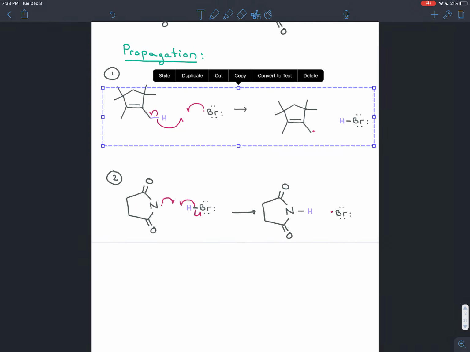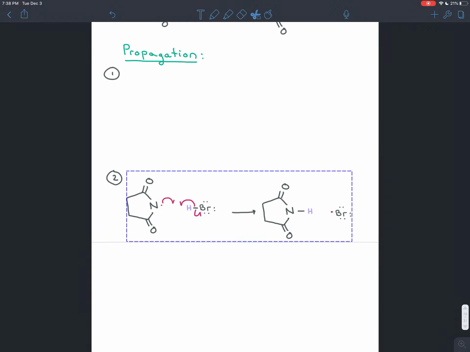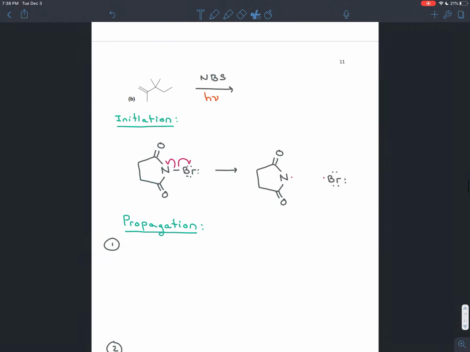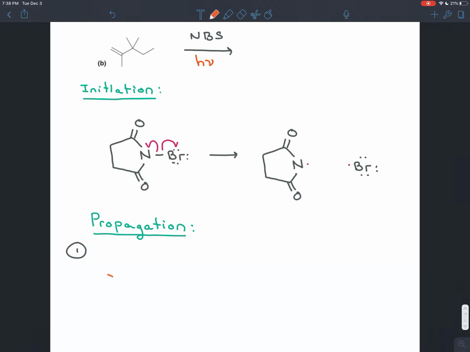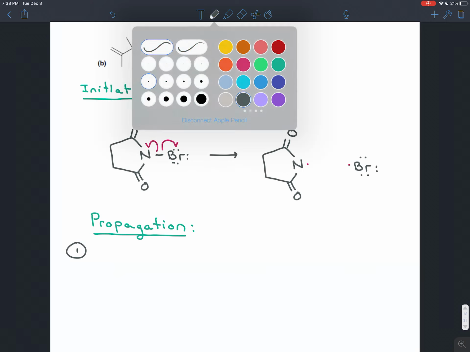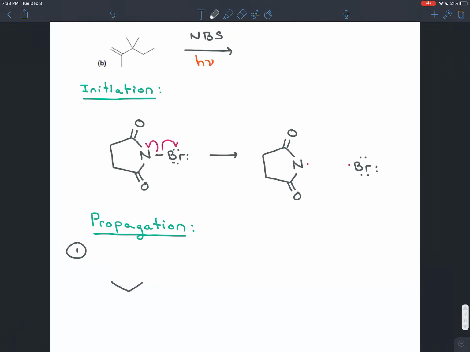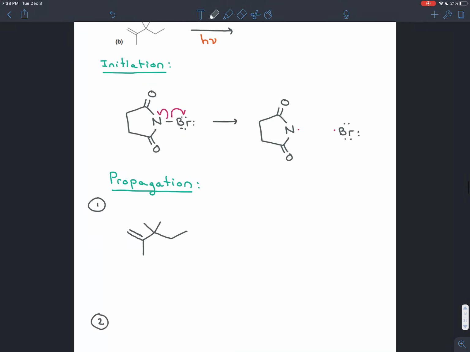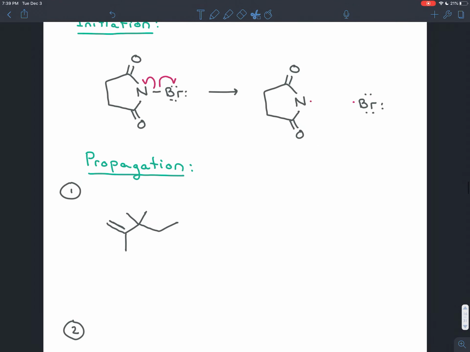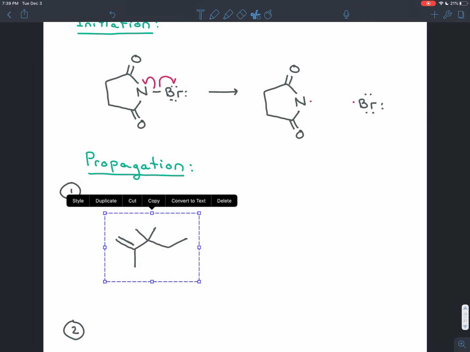So let's actually do this from scratch. So I'll redraw that molecule. All right, cool. So that's our molecule. And the bromine radical is going to rip off a hydrogen from this molecule.